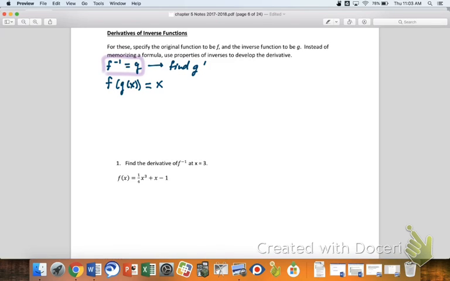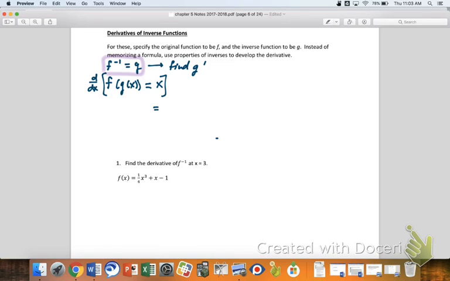Okay, so here's how this works. If I'm looking to find g prime, and I've got this lovely relationship right here, what would you guess I'd need to do? Find the derivative of that. So what I'm going to do is ddx of this equation, ddx of both sides. Let's start off with the right side, because that right side is going to be super easy.